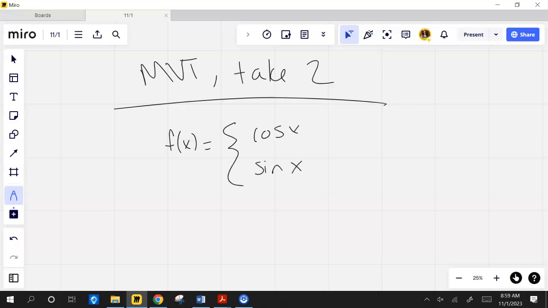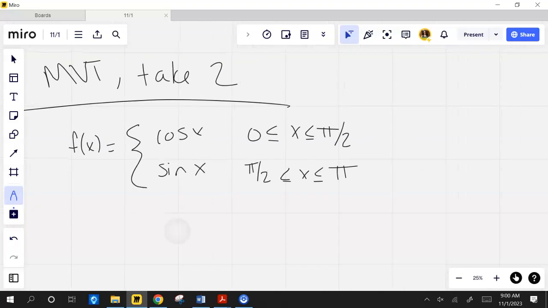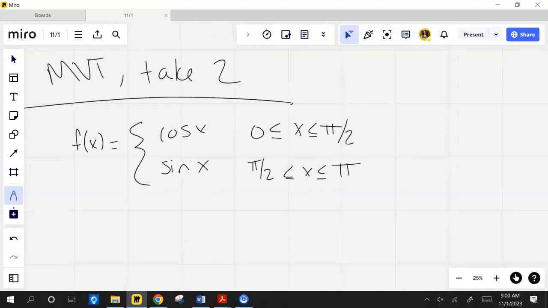Because these are both continuous on their own, but then at the point where they hook together, is that continuous or does it jump? So how do you tell? I thought it would be continuous in the straight line. Okay, think about it.